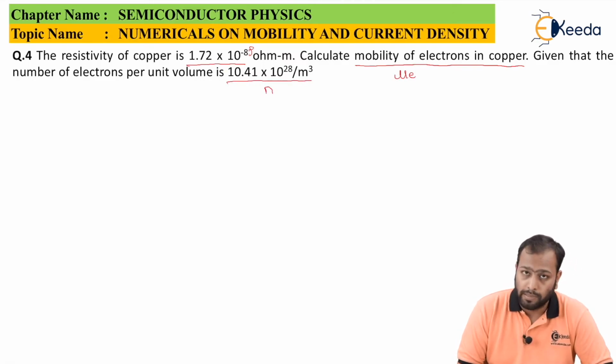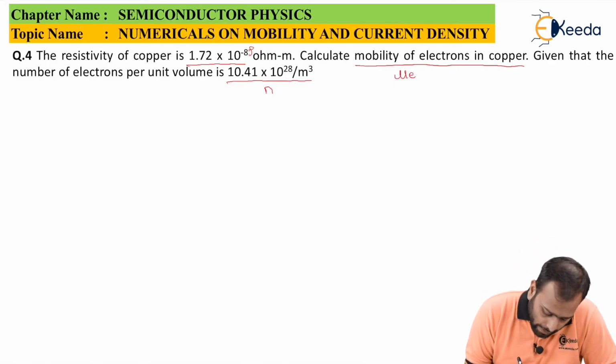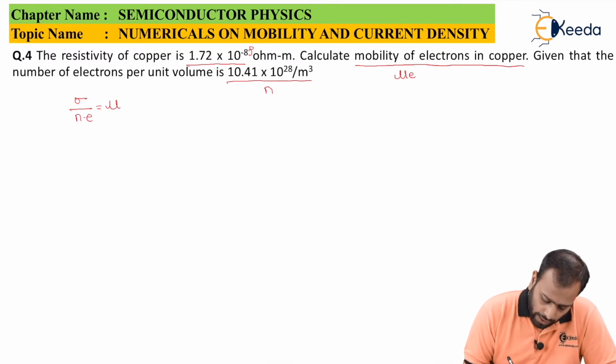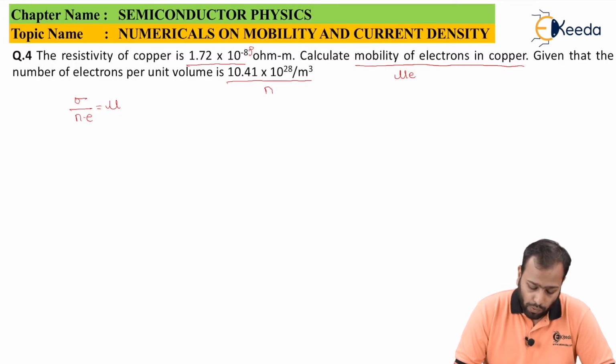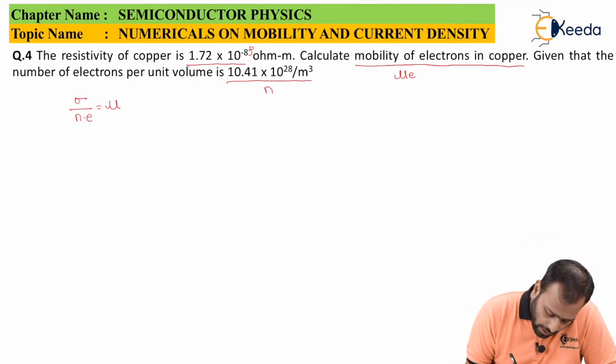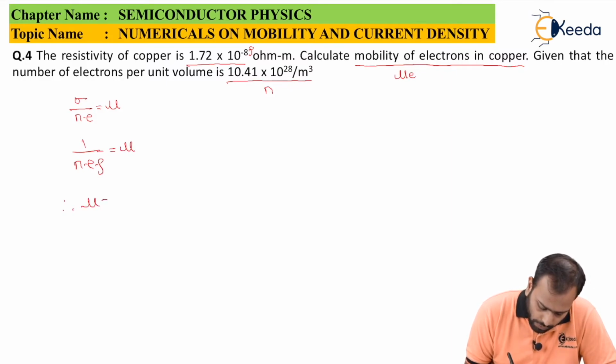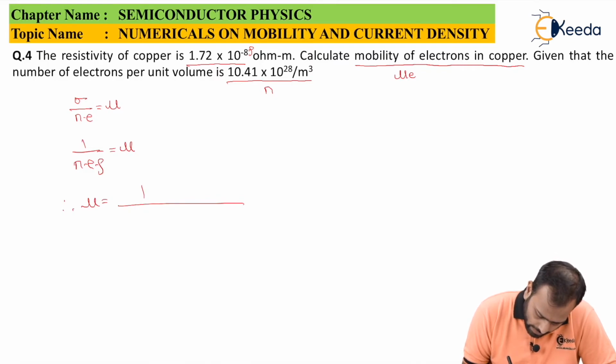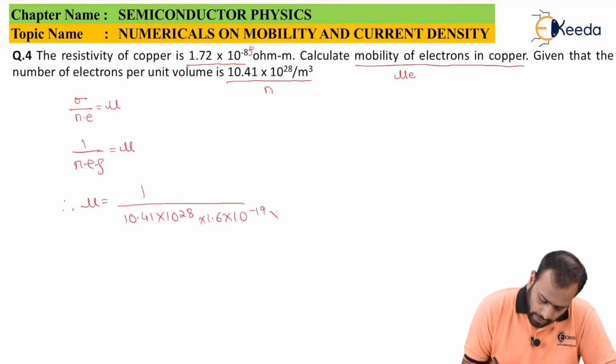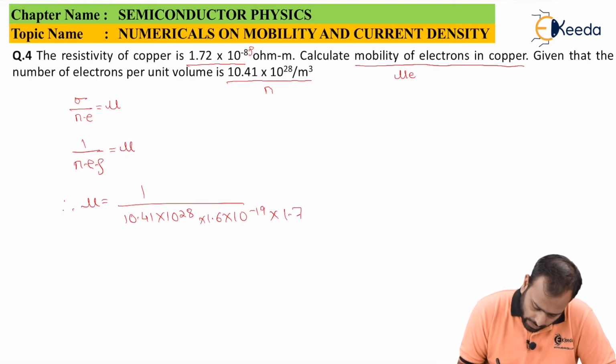Again, as you can see, a very simple formula application: sigma upon N into E is nothing but mu. Now, I don't know the value of sigma because I've been given the resistivity, but of course I know the conversion. I can make this formula 1 upon N into E into rho, which is mu. So mu is equal to 1 upon N, which is 10.41 into 10 to the power 28, into 1.6 into 10 to the power minus 19, into rho, that is 1.72 into 10 to the power minus 8.